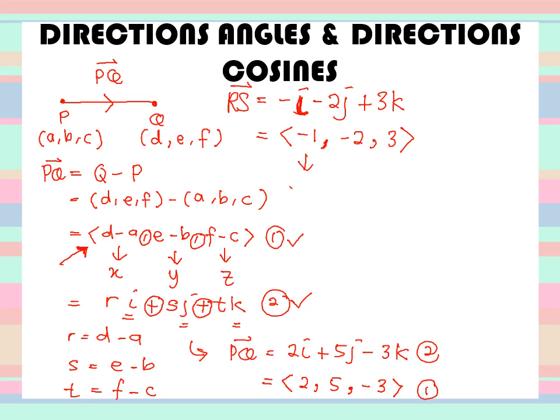So this is your x component, this is your y component, the second component, and this is your third component, which is z. So remember, x is i, y is j, z is k.